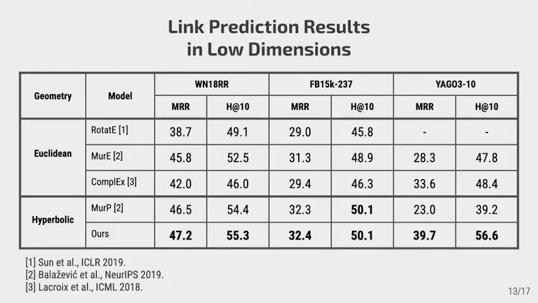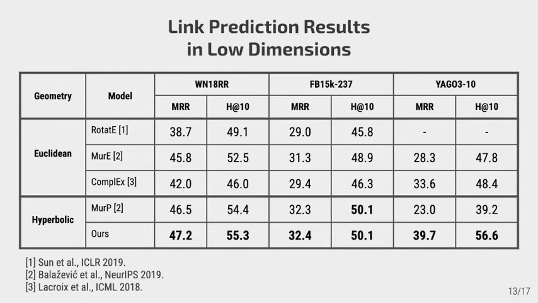We now move to our experimental results to understand the benefits of using hyperbolic embeddings and attention-based transformations. First, we compare our approach to standard baselines on three popular knowledge graph datasets for the link prediction task, where the goal is essentially to predict the correct tail entity for a given head relation query. We evaluate performance in a low-dimensional regime using only 32 dimensions, which is an order of magnitude smaller than what typical Euclidean methods use.